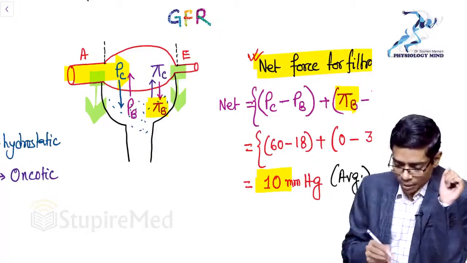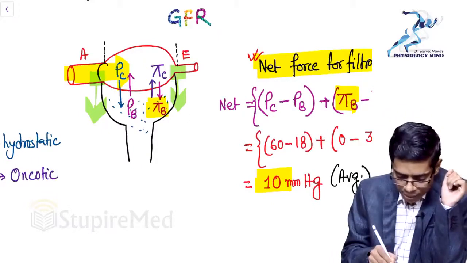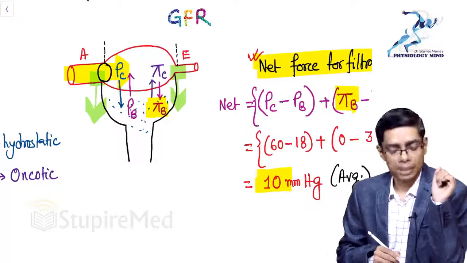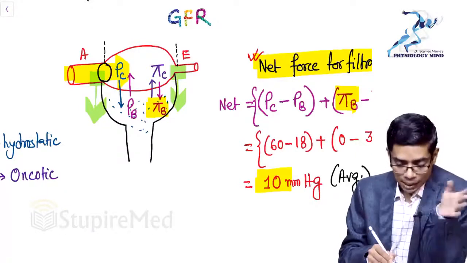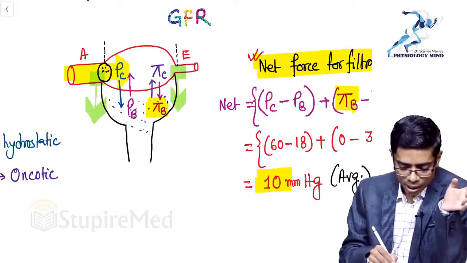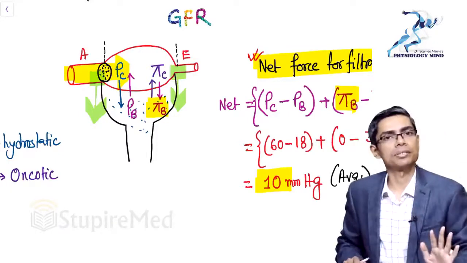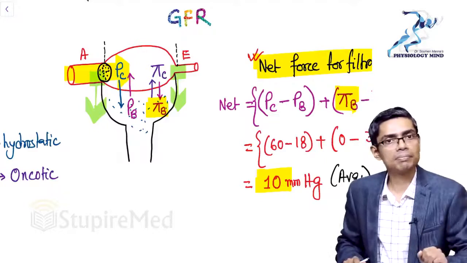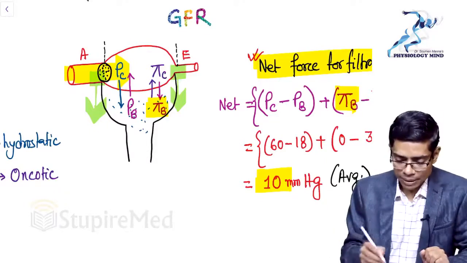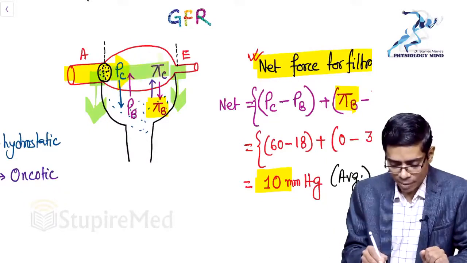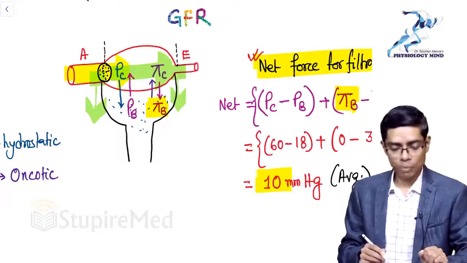Suppose at the level of this afferent arteriole, the blood is flowing, and along with the blood, suppose 100 molecules of proteins have reached here. So it will have an oncotic tension. Now when this blood is flowing through this capillary from the afferent to the efferent end, what is happening?